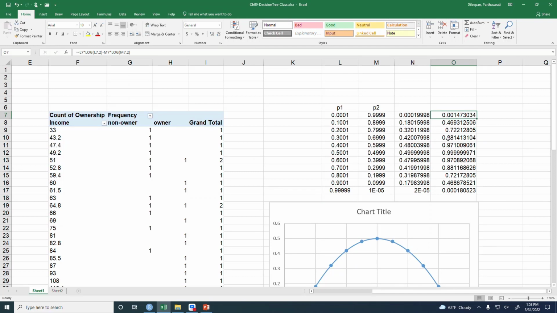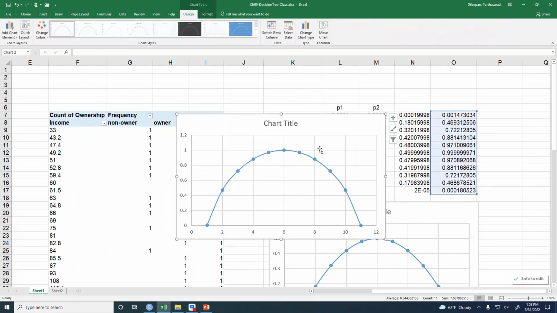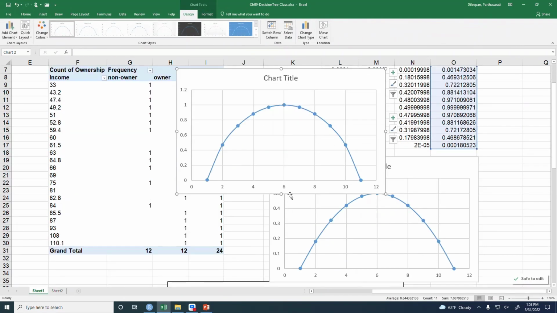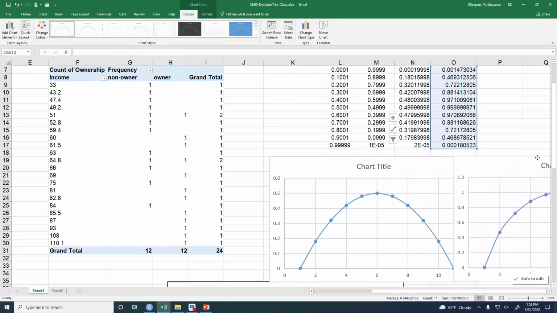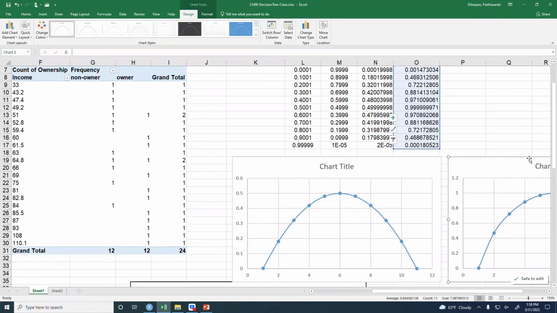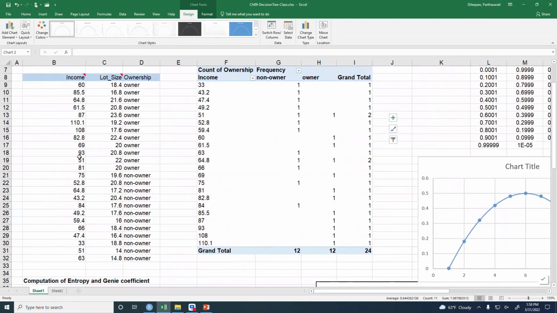Now if you take the log and plot that, you get almost the exact same plot, except that this goes up to 1 at 0.5. When you have maximum impurity, which is when you have 50-50, entropy is going to be 1. Otherwise, it's going to be smaller than that. So that's for the root node.